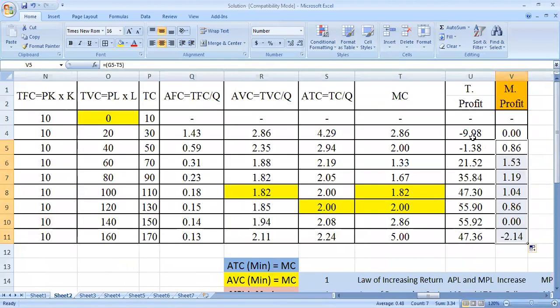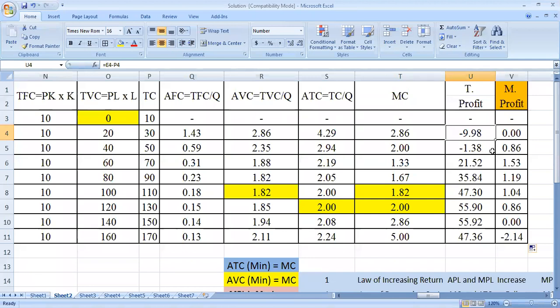So at the initial unit of output, you see that the total profit is negative, but marginal profit is 0. You did not stop producing your level of output. After that, you could see that your marginal profit is positive, but your total profit is negative.